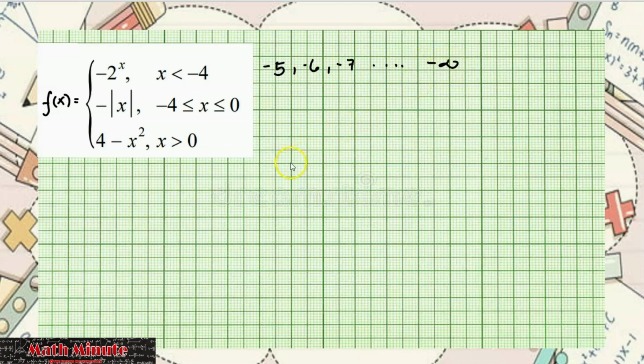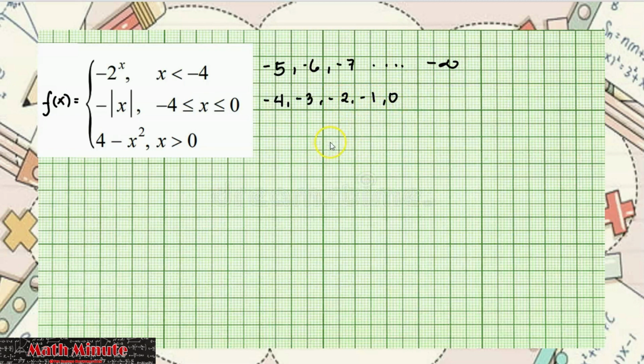until we reach negative infinity. We will use the negative absolute value of x if the value of your x will be in between negative 4 and 0, including negative 4 and 0, because your sign here would be x is greater than or equal to negative 4, but less than or equal to 0. So those values will be negative 4, negative 3, negative 2, negative 1, and 0.